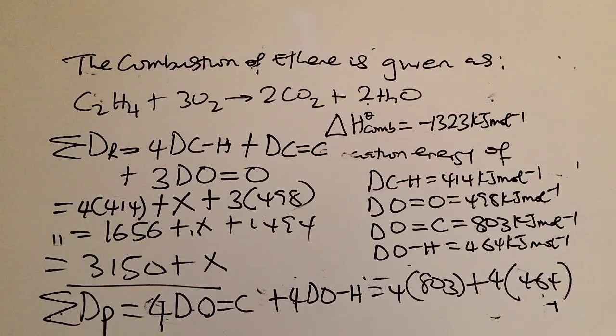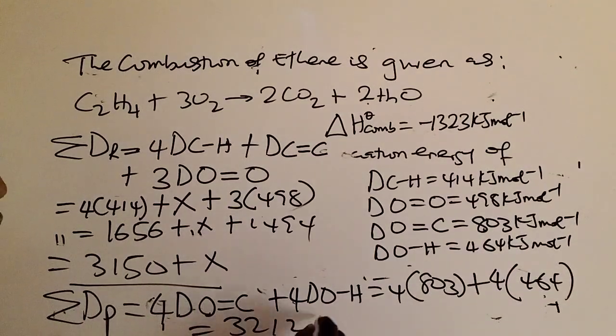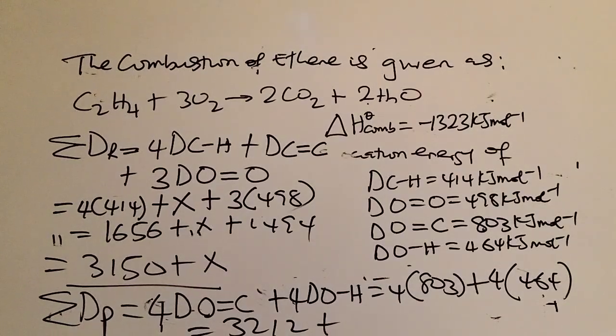We now have 4 times 803, which gives us 3212, plus 4 times 464, which is 1856.